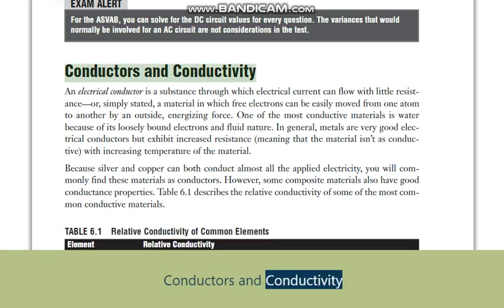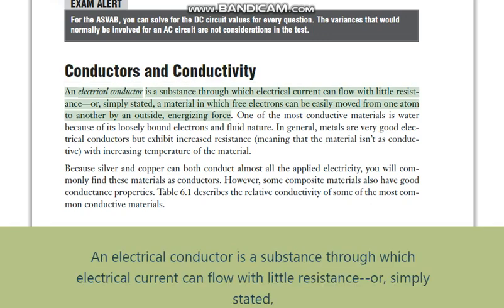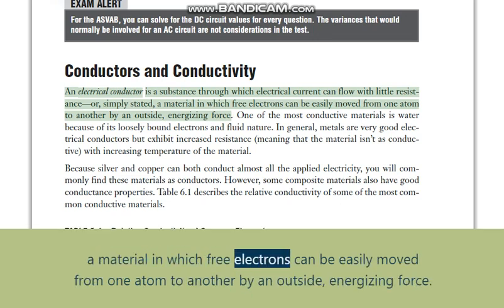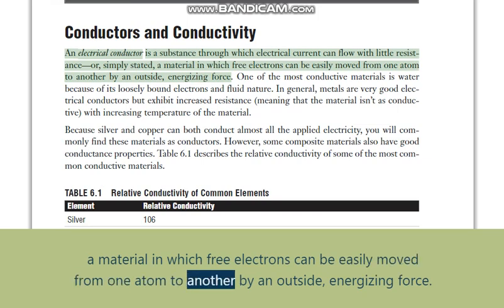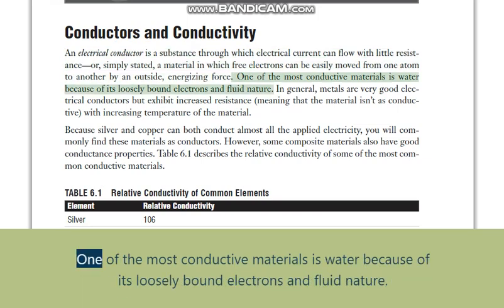Conductors and conductivity. An electrical conductor is a substance through which electrical current can flow with little resistance or, simply stated, a material in which free electrons can be easily moved from one atom to another by an outside, energizing force. One of the most conductive materials is water, because of its loosely bound electrons and fluid nature.